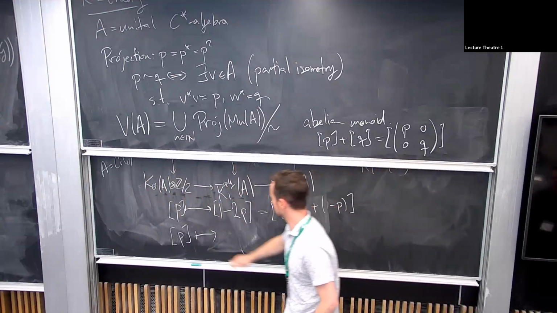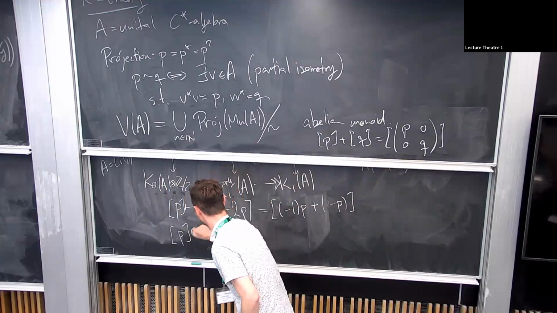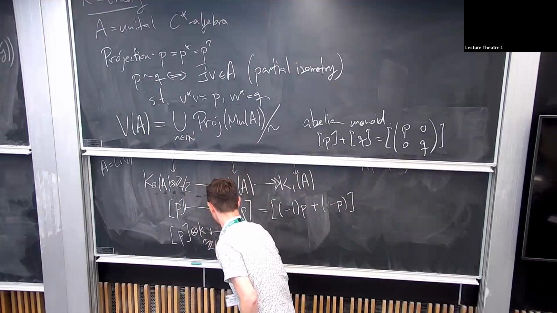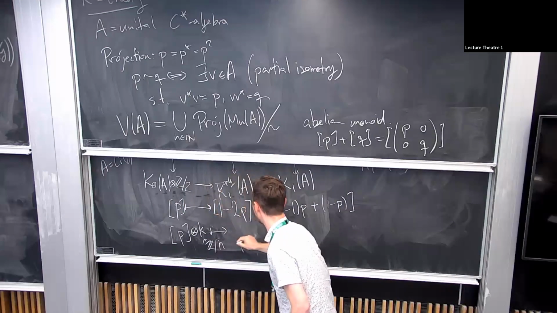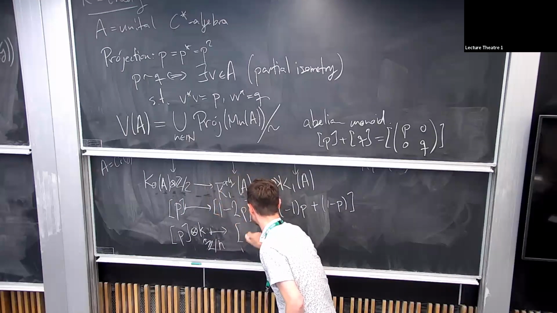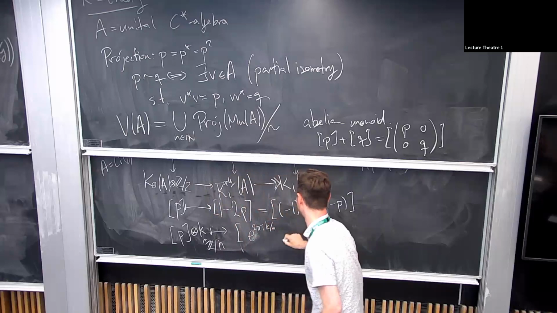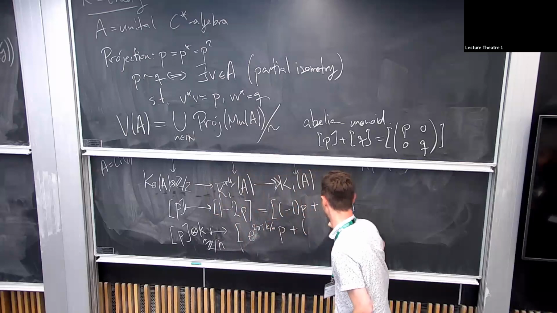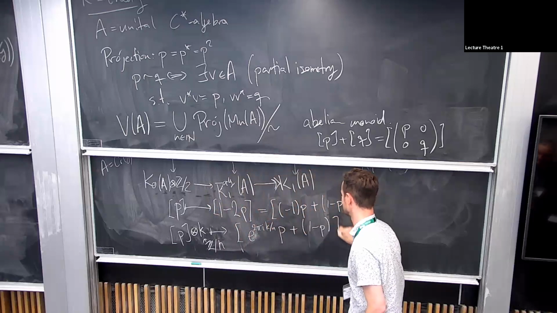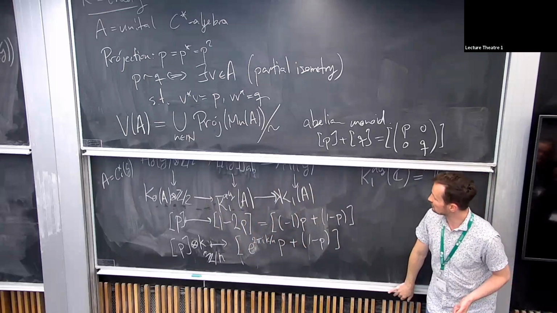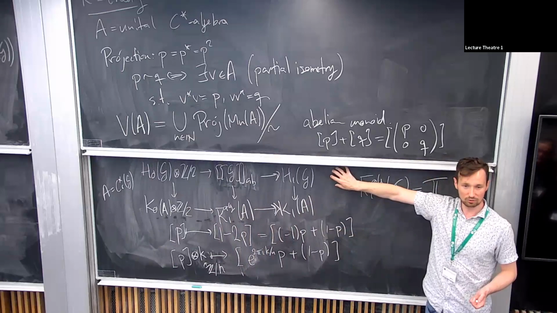So if I had P tensor k, where k belongs to Z mod n, I would map this to the class of the unitary e^(2 pi i k/n) times P plus 1 minus P. So this gives something on the C-star level that we don't actually have on the groupoid level.